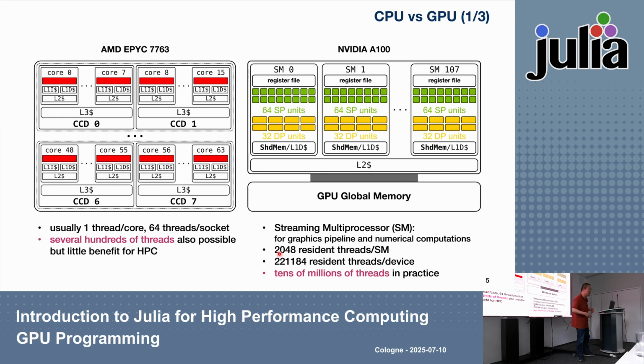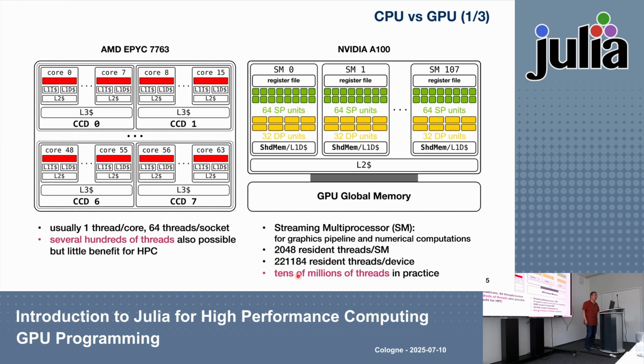This sounds much stronger than a CPU. For the entire CPU, in total, 100 or 200 threads. But for one streaming multiprocessor, you are able to have 2,000 threads. And in total, you are able to have 200,000 threads for one GPU. This sounds already powerful.